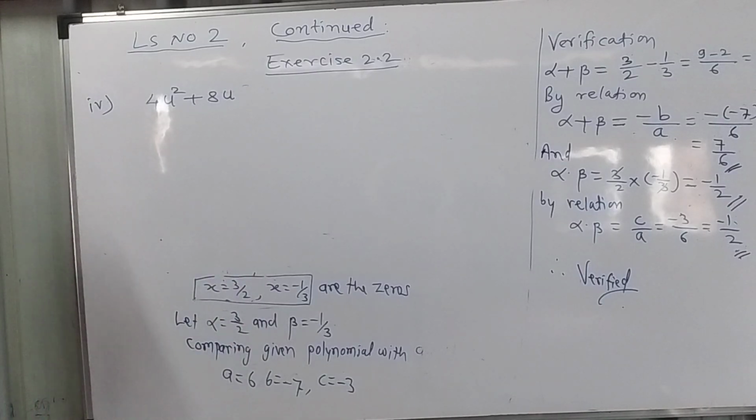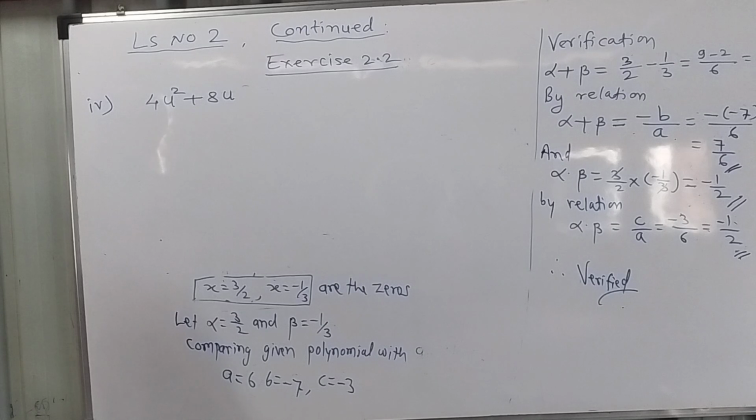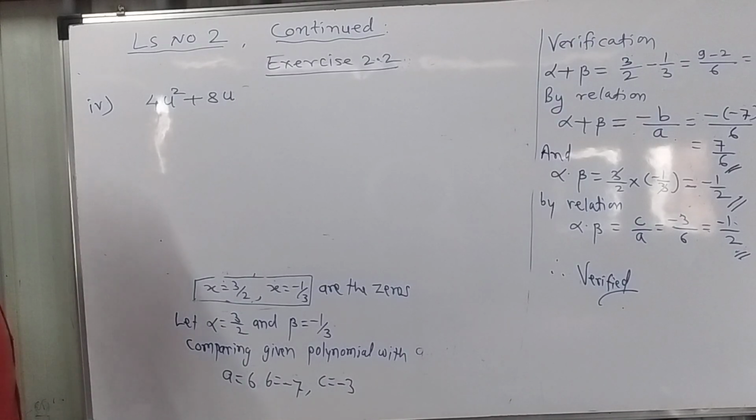See, this is a quadratic polynomial, but this is not a quadratic trinomial. So then we have to look for another option. Is there any common factor? Yes, 4u is common. Or if we can use the identity a square minus b square, that is also to be seen.